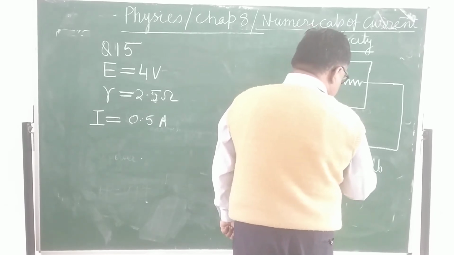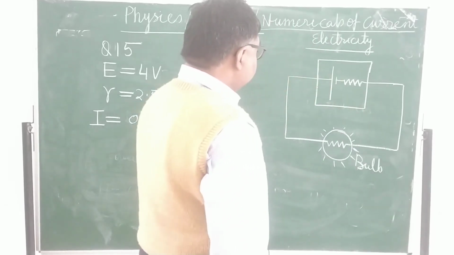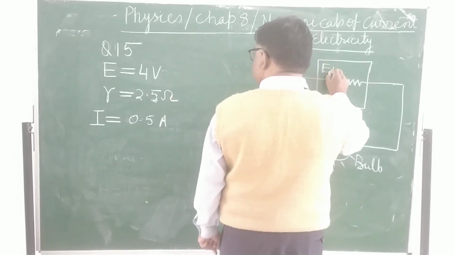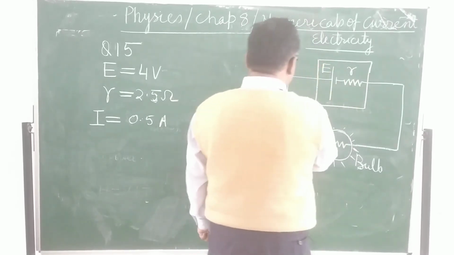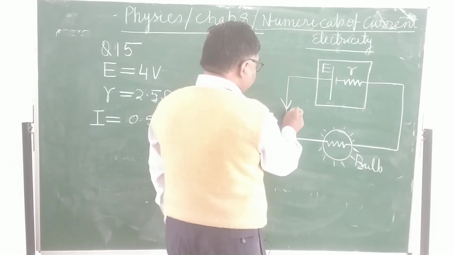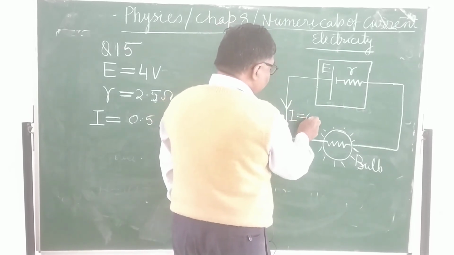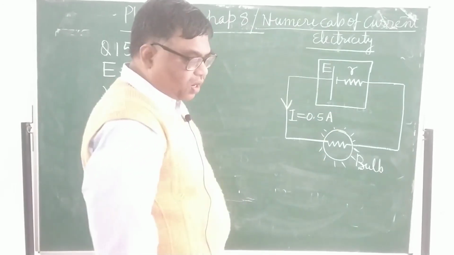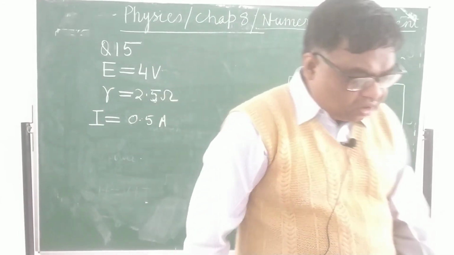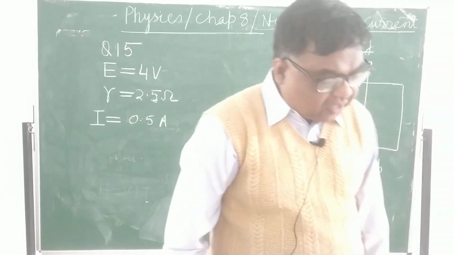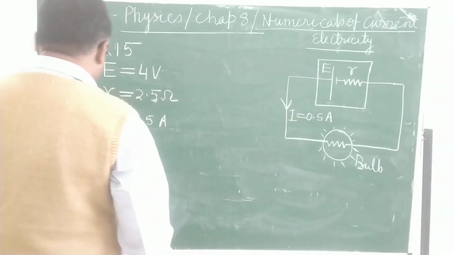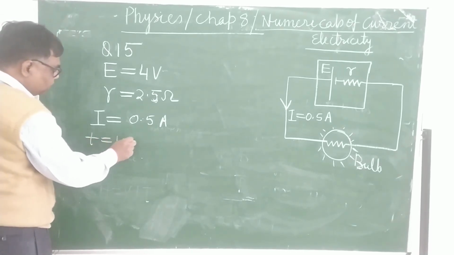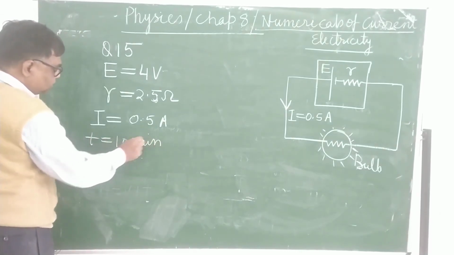Here EMF is given, 4 volt, and internal resistance 2.5 ohm and I equals 0.5 ampere. First part, we have to determine the total energy supplied by the battery in 10 minutes. 10 minutes means how many seconds? 600 seconds.